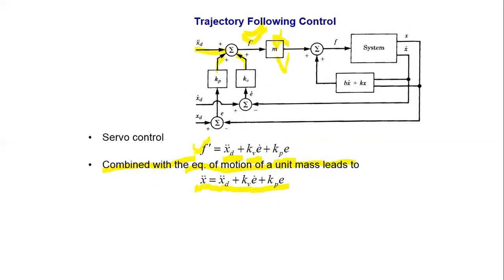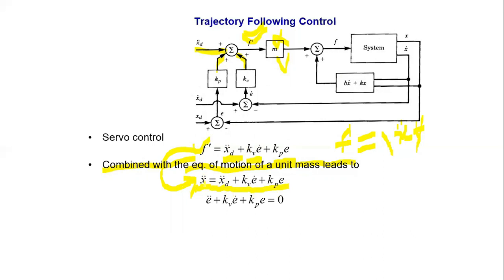So how did we get f dash equal to x double dot? Because if you take a system of unit mass without any damping and stiffness, then f dash, that means the externally applied force, will be equal to 1 into x double dot plus b x dot, which is 0, plus kx, which is 0. So finally f dash will be equal to x double dot. Put f dash equal to x double dot, and that will be equal to xd double dot plus kv e dot plus kp e.